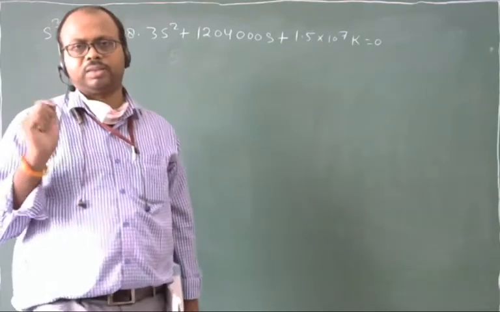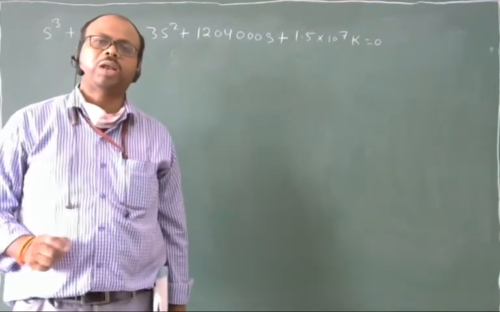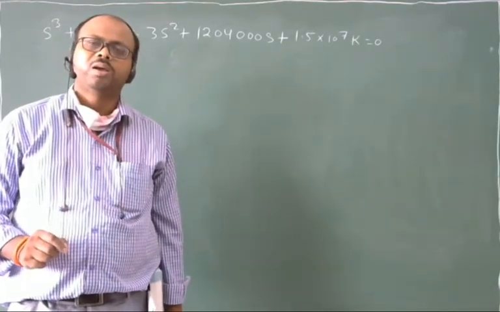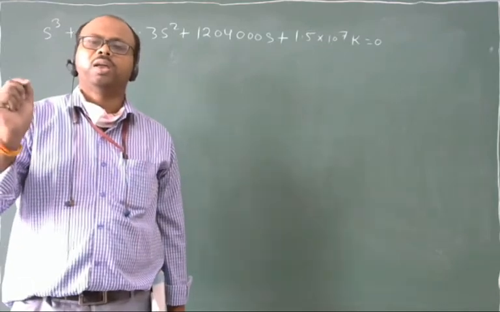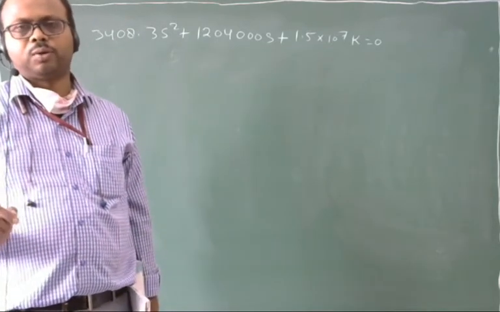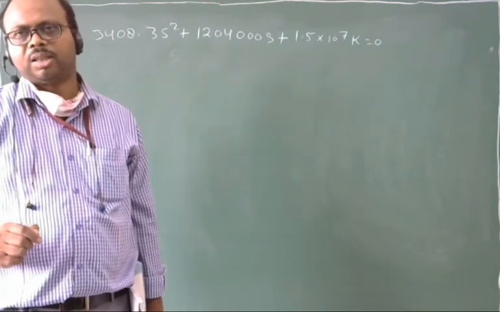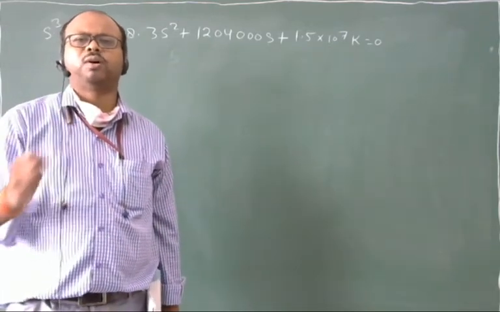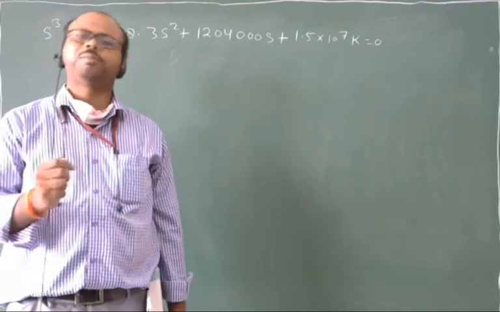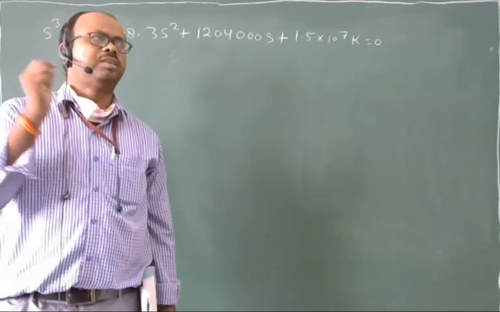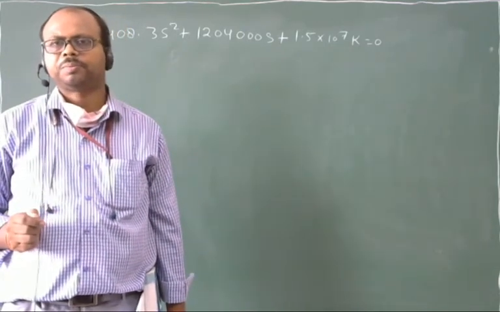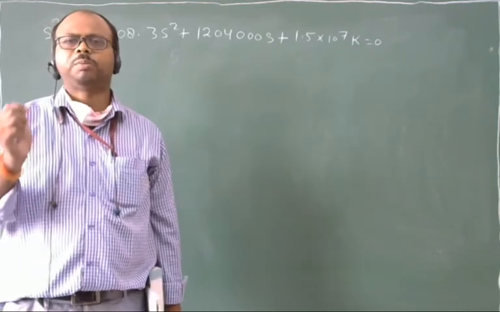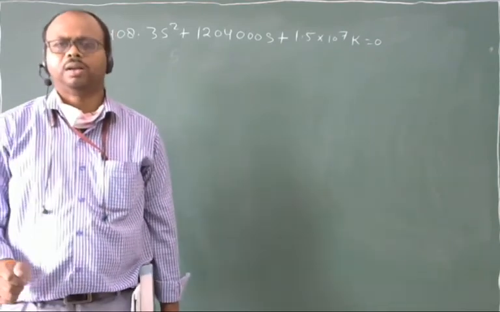And one more thing we calculated: if any row of 0 occurs, then we can say that the particular root is responsible for the system to be marginally stable or unstable, right?